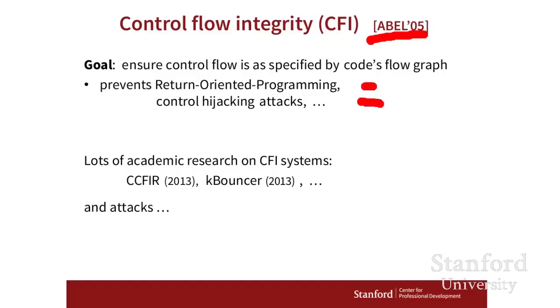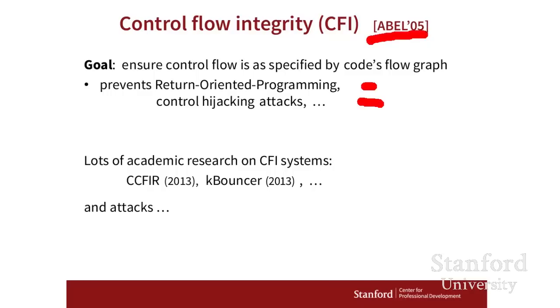Okay, so the goal of control flow integrity is basically to protect a program from these control hijacking attacks, where the attacker is able to take control of how control flow operates, and that allows the attacker to cause lots of damage to the program.